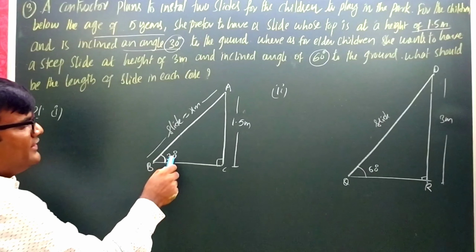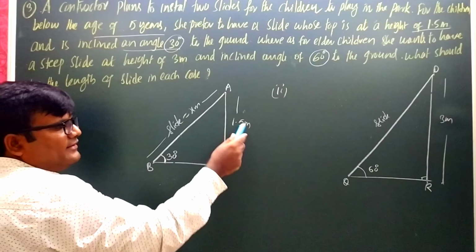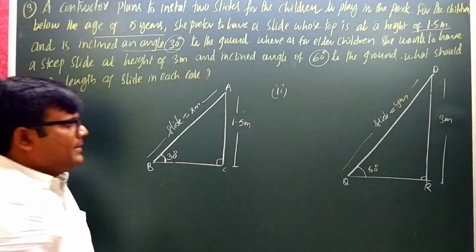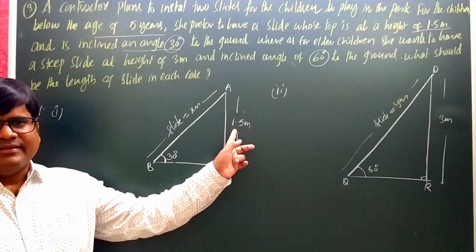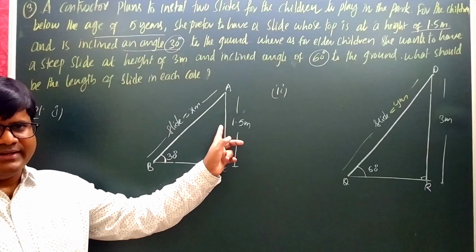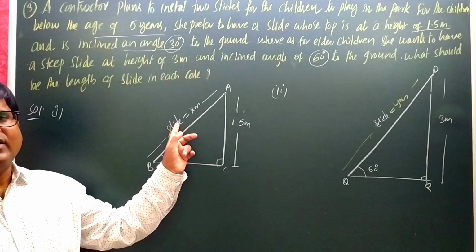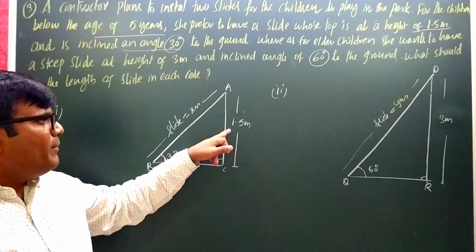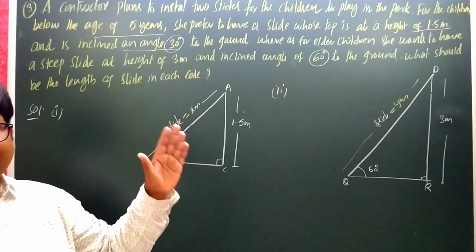Simple. A 30 degrees angle is there. The given side is on this slide, and I'm taking y meters. 1.5 is the given length, opposite to 30 degrees. The unknown length is the hypotenuse. So the ratio between opposite and hypotenuse is sine.